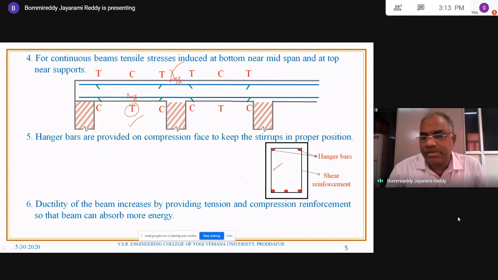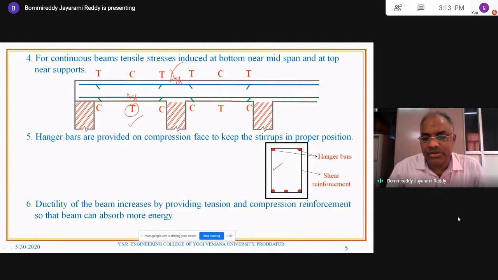We cannot simply keep rectangular stirrups as we like in the concrete along the member. They must be in proper position. All these stirrups must be designed vertically, or if the stirrups are designed inclined, the exact inclination must be provided.